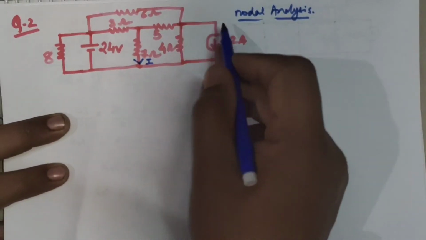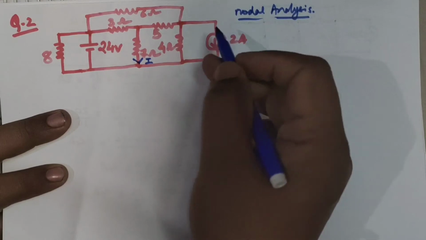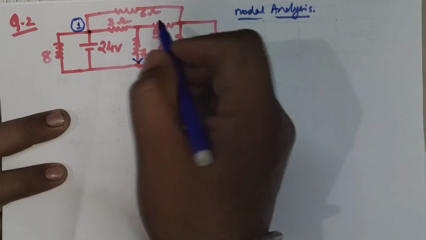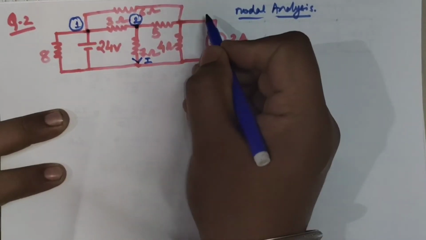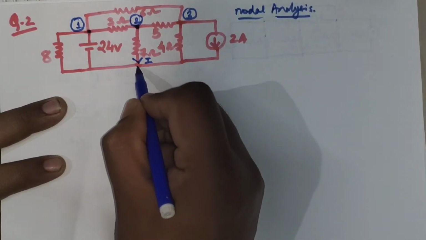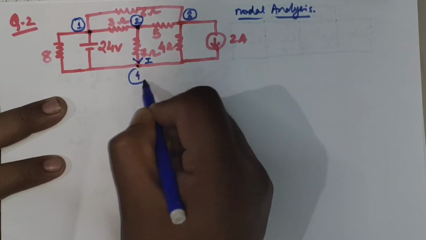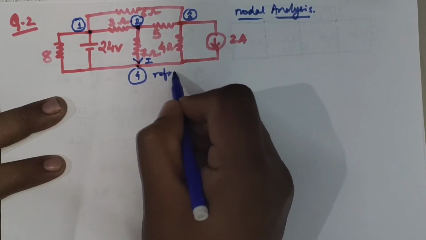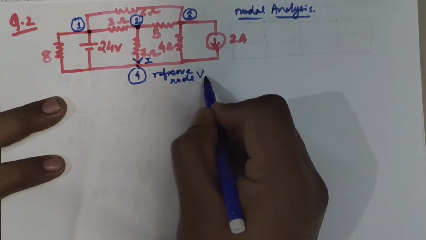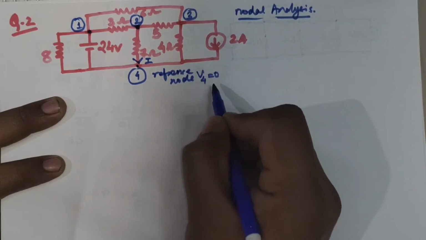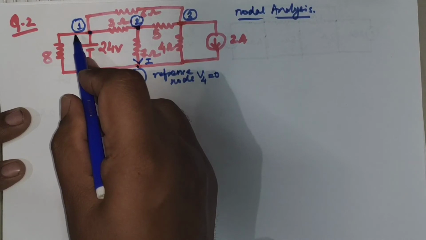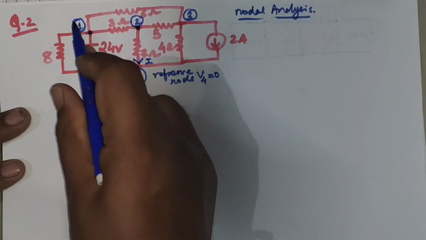Just by looking at this circuit, we can easily find the number of nodes. Here there is a first node, this point; a second node; a third node; and below this line is a fourth node. We call it the reference node, and we take the voltage of this reference node V4 equal to 0 volt. By looking into the circuit we can easily find the node voltage of node 1.